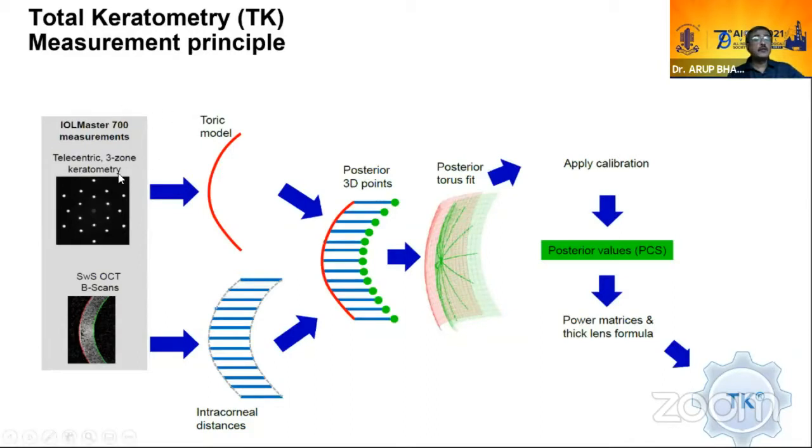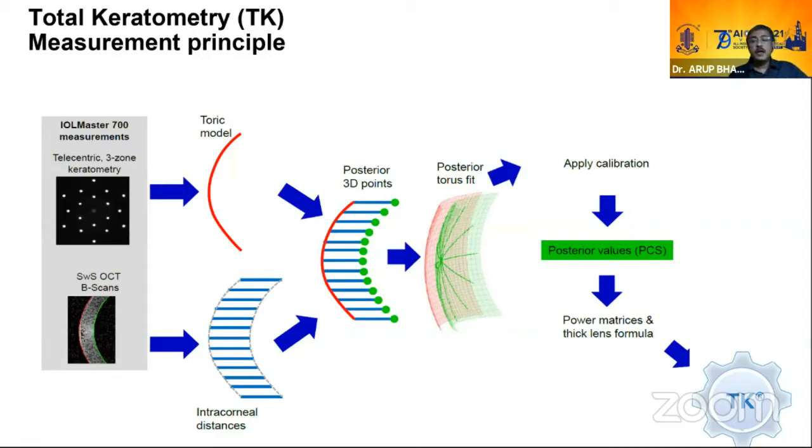The 3-zone telecentric keratometry measures the CCT in that particular place, and they make a 3D posterior point, make a posterior toric field, and apply the calibration and posterior values, and apply the power matrix of the thick lens formula, and you can get the total keratometry.